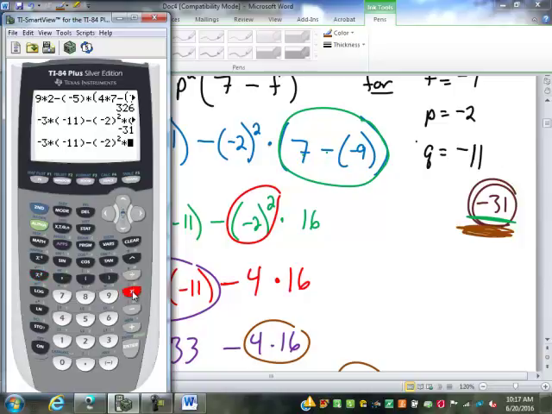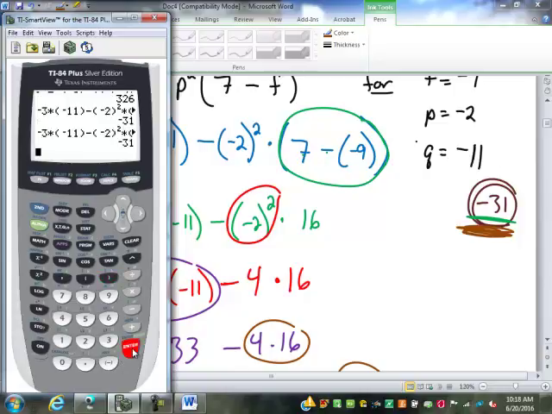After the parentheses, yep. Times, open parentheses, 7 minus, open parentheses, -9, close and close. Does that work out better this time, Kinsey?